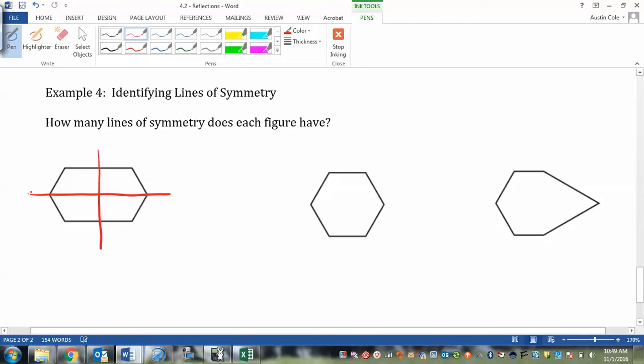We fold it along that line. It would map onto itself. What about this line? Would that work? No. So if I folded this figure on this line, wouldn't this point end up being way up here? Yeah, so that doesn't work. I think we've just got 2 of them there. We just have 2 lines of symmetry.